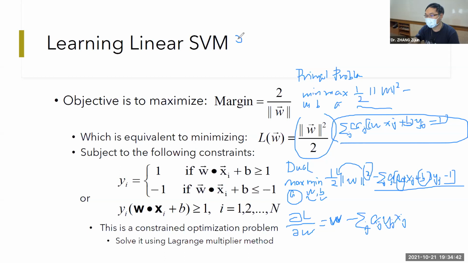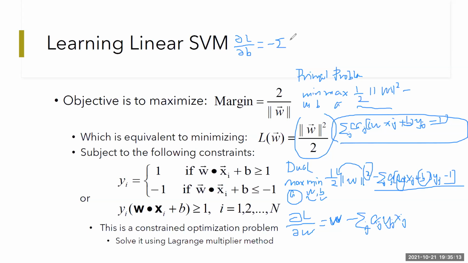We also take the derivative of the loss function L with respect to B. And look here, the first term does not involve B, so it is 0. And the second term involves a linear B. So it's just a summation. The negative sign you cannot forget.